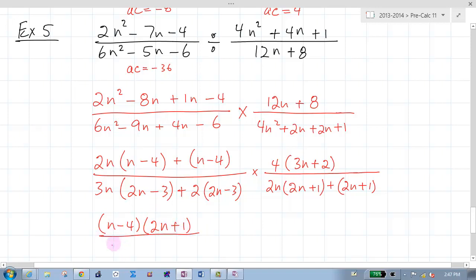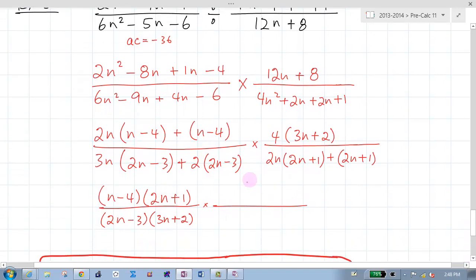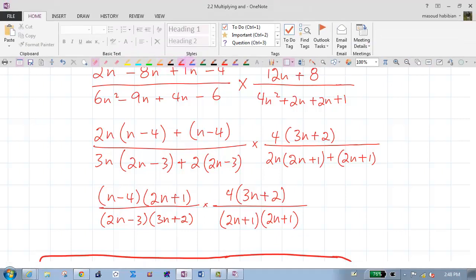The denominator is going to be 2n minus 3 times 3n plus 2 multiplied by 4 times 3n plus 2 in the numerator, 2n plus 1 is the common factor, and 2n plus 1 is the other factor. Now I'm going to look for common factors of the numerator and the denominator to cancel out.